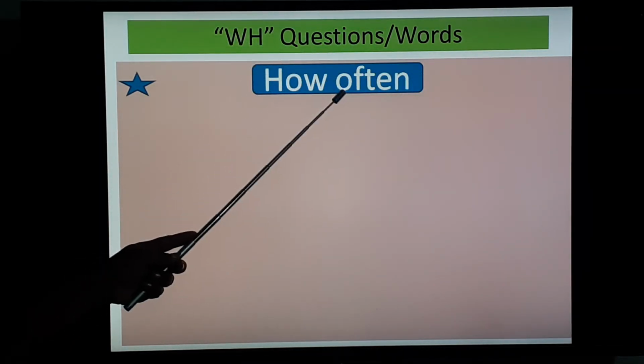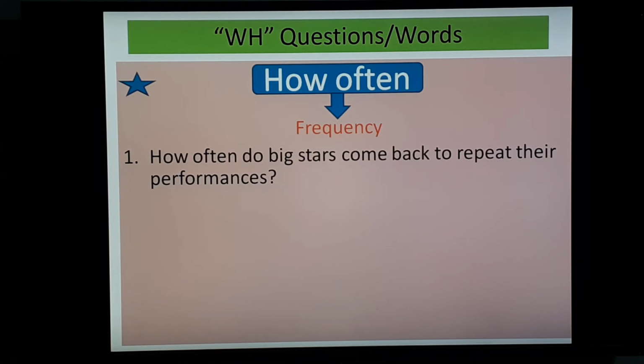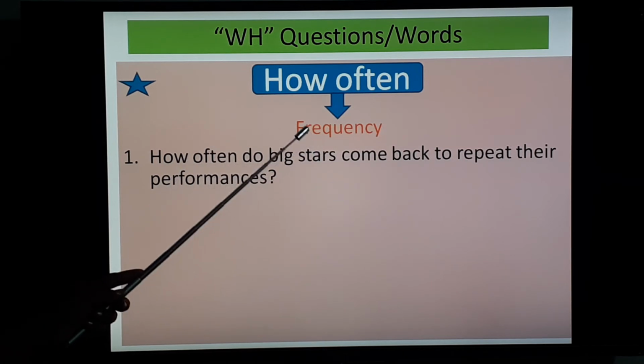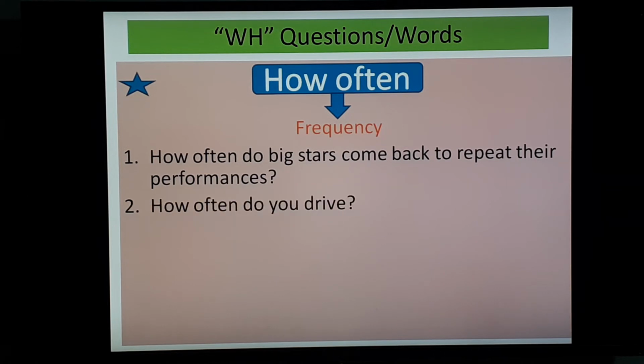Now, how often? So, it is about frequency. For example, how often do big stars come back to repeat their performances? So, frequency. Once, twice, thrice. So, these might be the answers to how often. How often do you drive?